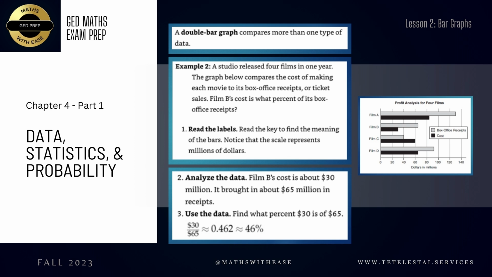Okay, so we've noticed what the scale represents, and we've interpreted our key. So we have in our mind what our keys represent in terms of the information that we've been given. And then you just proceed to analyze the data. So looking at film B, let's zoom in.